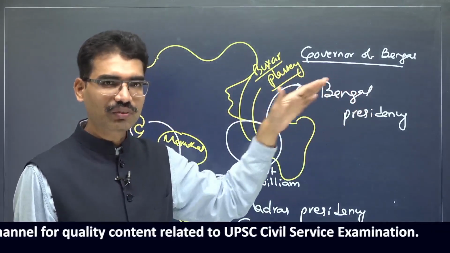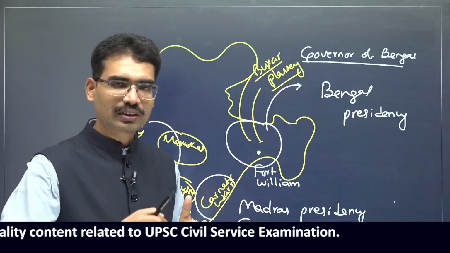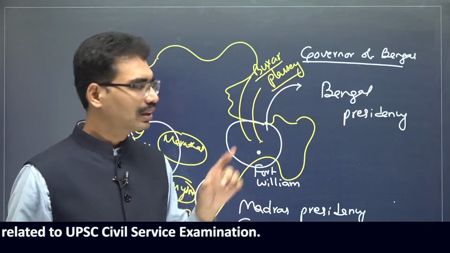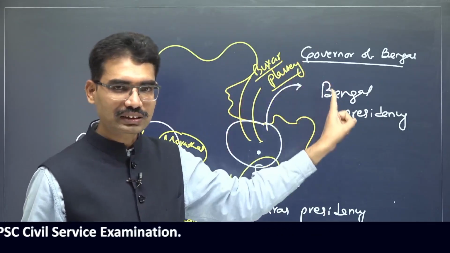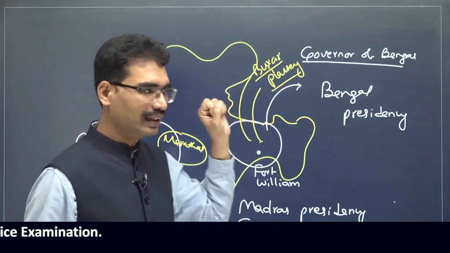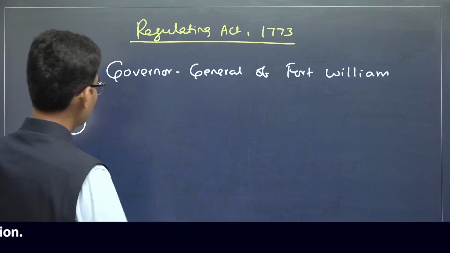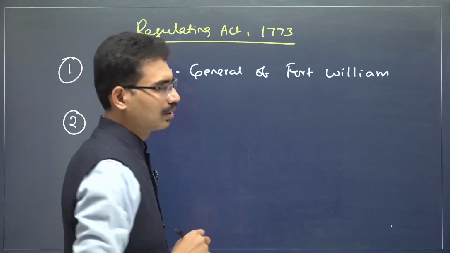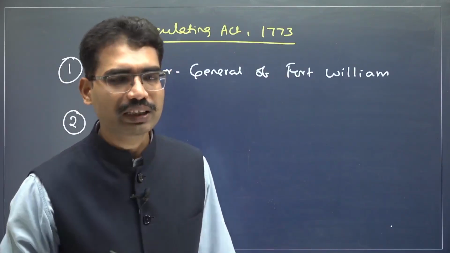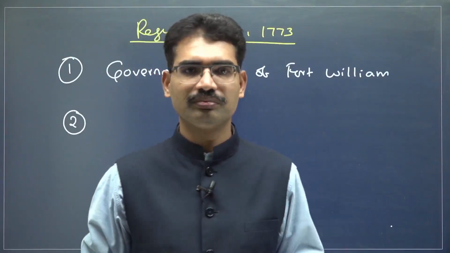Parliament is trying to get involved here. The first step will have some limitations, but it is the first step in controlling the entire land by Parliament. Governor General. Now, this Governor General also cannot take decisions on his own.